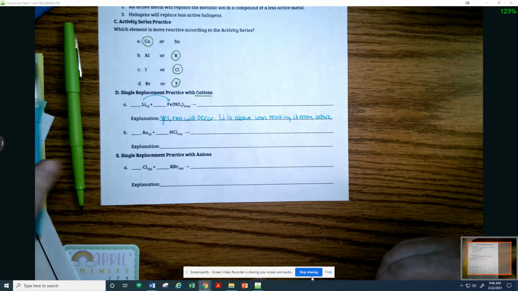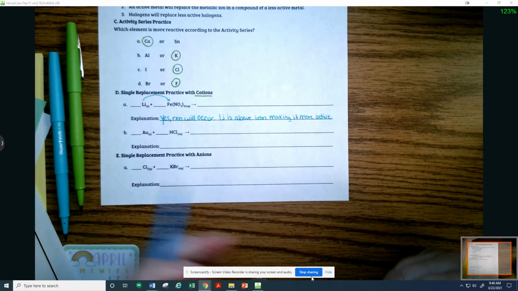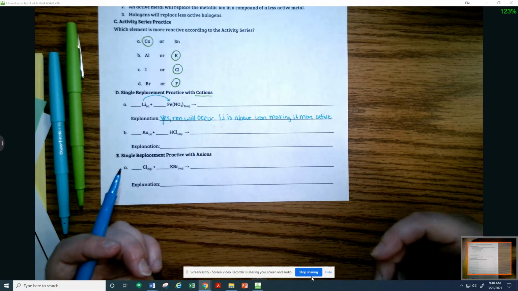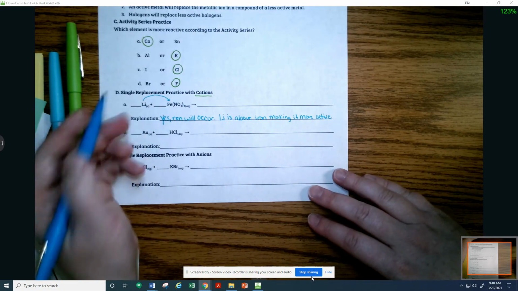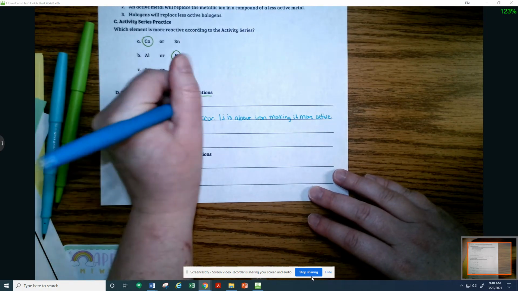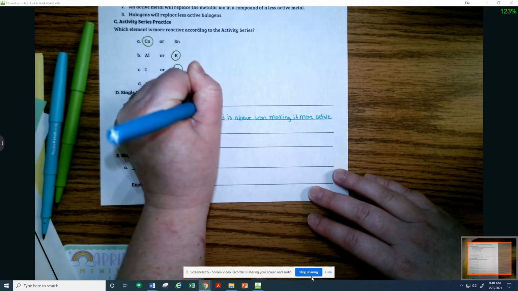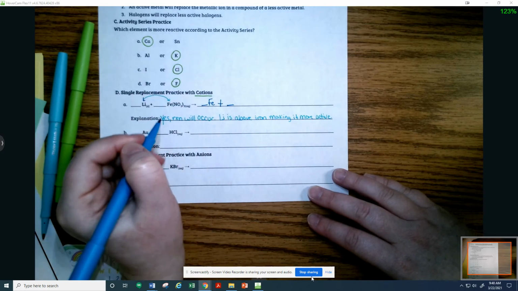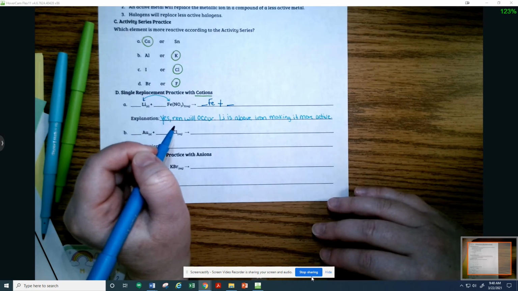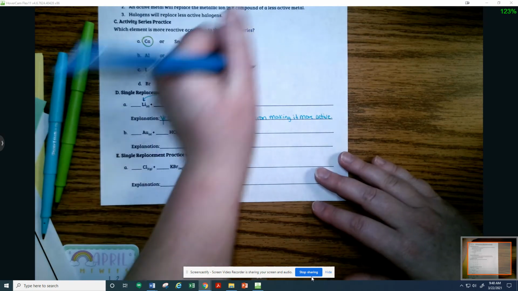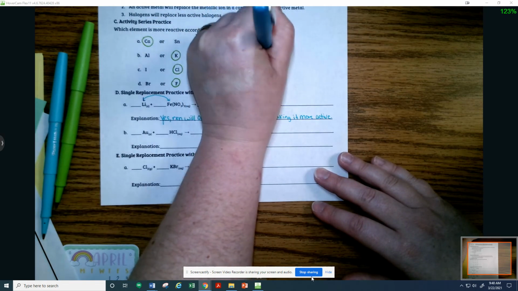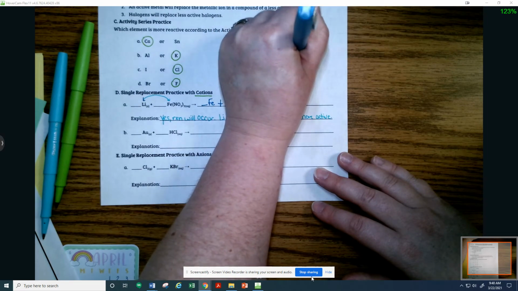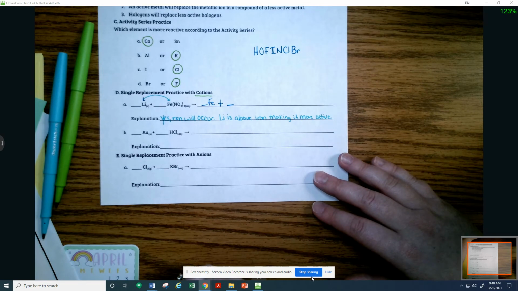I like to have things follow a pattern. I always like to write my first new single element on its own. Lithium is what's exchanging with the iron, so iron is going to be my first product. The symbol is just going to be Fe, and you have to remember your Hoffman-Kleibers for your diatomics. Iron is definitely not one of those, so it's just Fe.